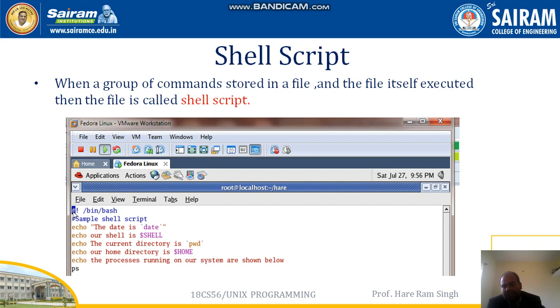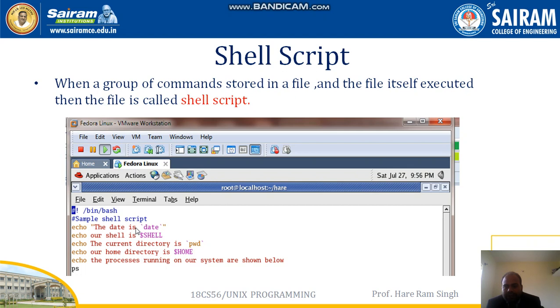But the first line with the hash is not like that. That will be considered a line of the file, and it just shows which shell will execute this script. So the shell which is going to execute this script is called bash, and its location is under the bin directory, which is present in the root directory.